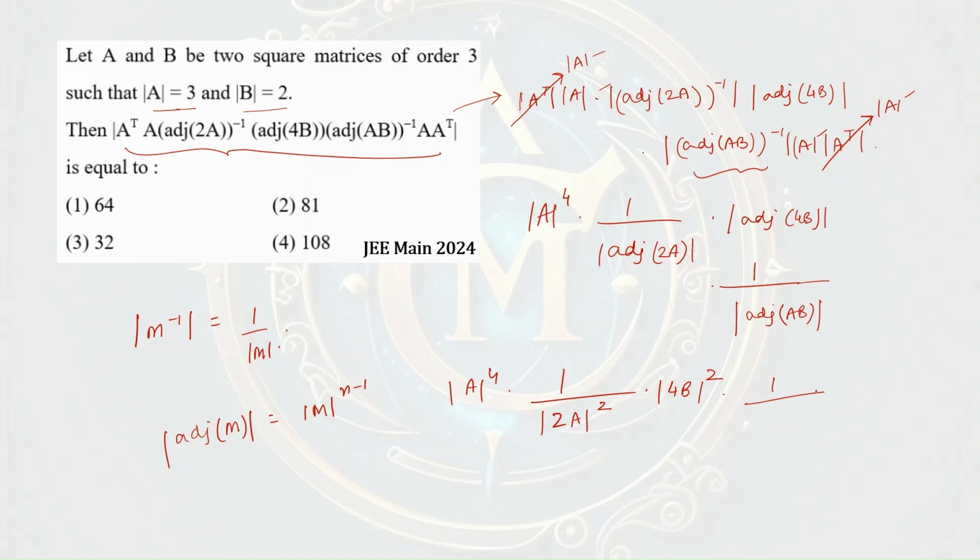And now we can split this adjoint of AB as adjoint of B times adjoint of A. Now the determinant can also be split here over multiplication. So determinant of adjoint B becomes determinant of B whole square, then determinant of A whole square.